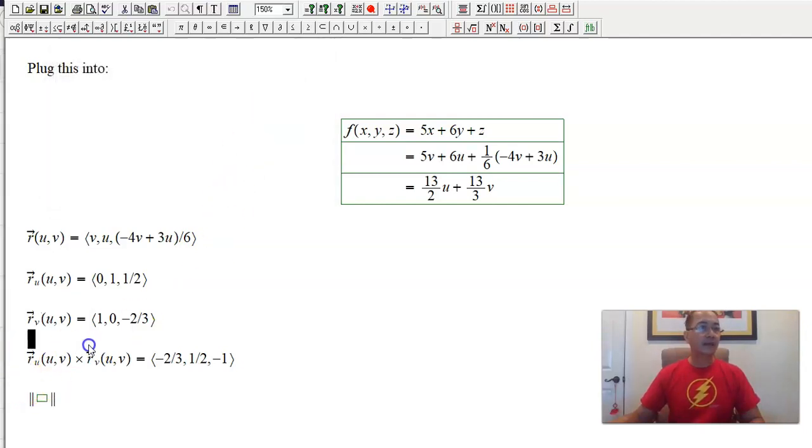How long is this vector? So we have the square root of 4 over 9, and then 1/4, and then 1.